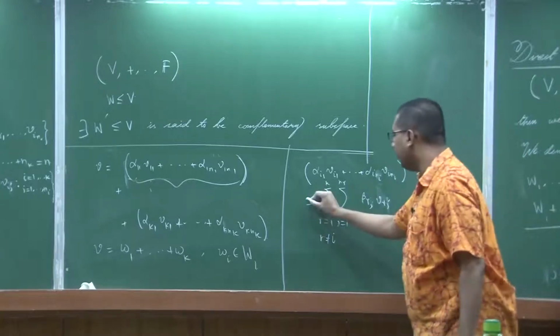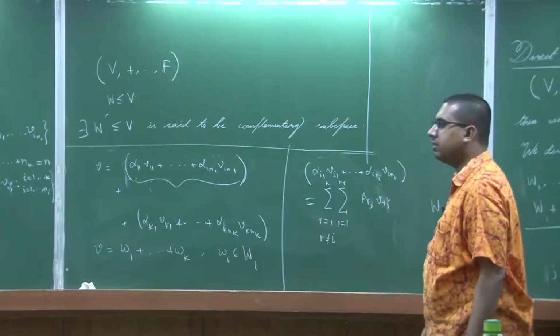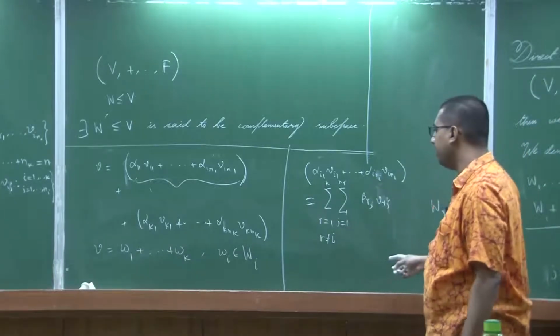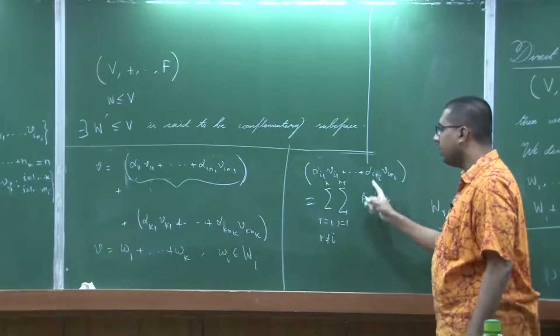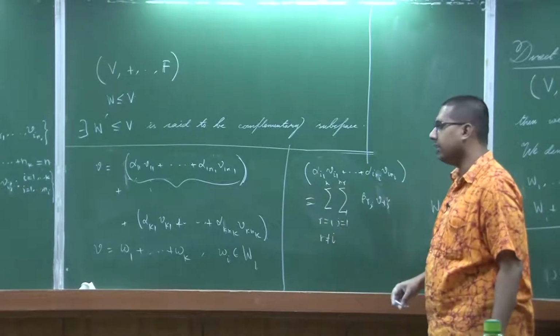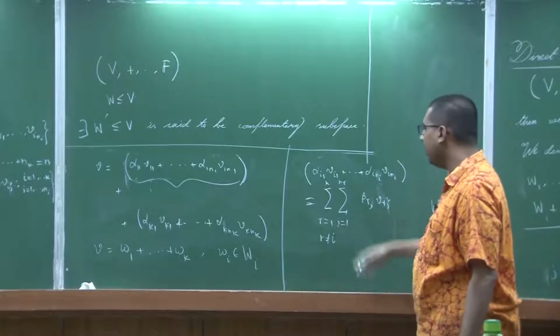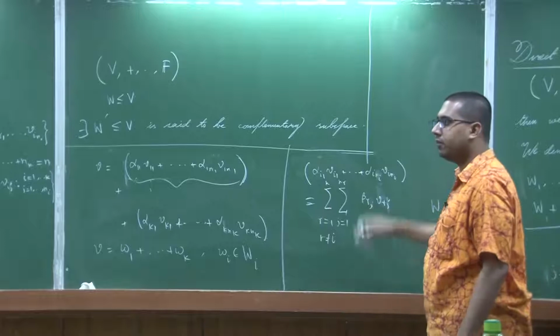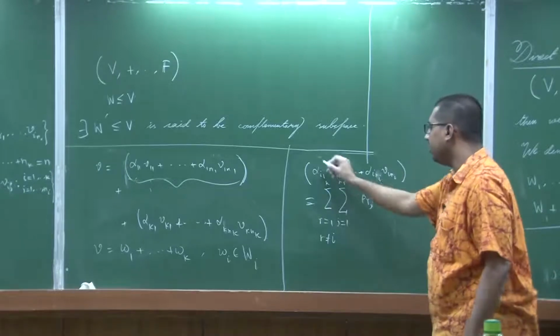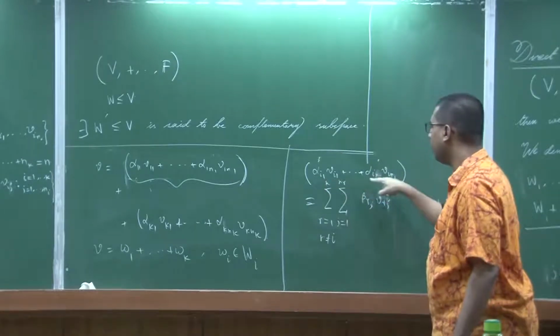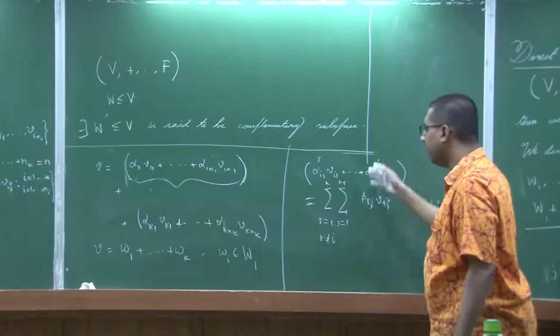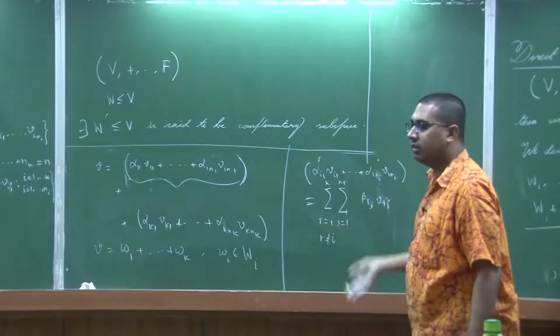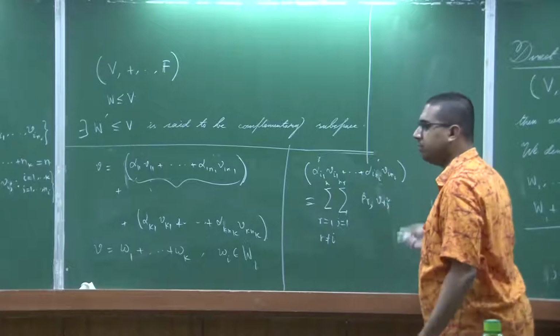Now, it is quite obvious what the immediate consequence is. You bring everything to the left hand side. Thus you have a big combination of all V_ij's which turns out to be 0, therefore all the coefficients will be 0. In particular, alpha_i1 up to alpha_iNi will be 0, hence the vector lying in the intersection must be 0.